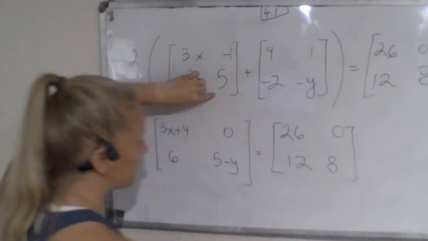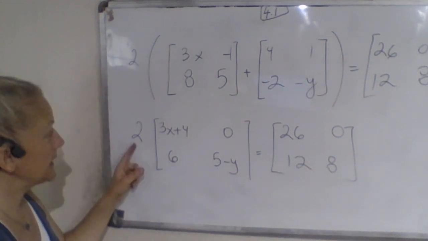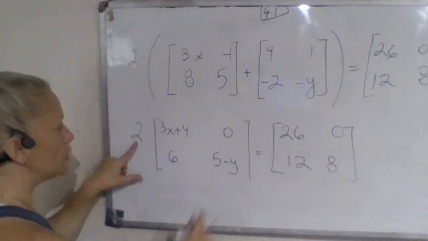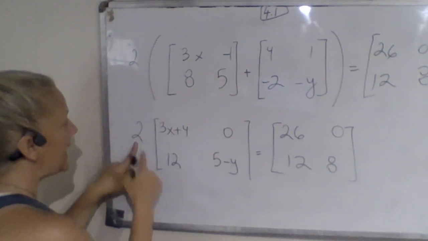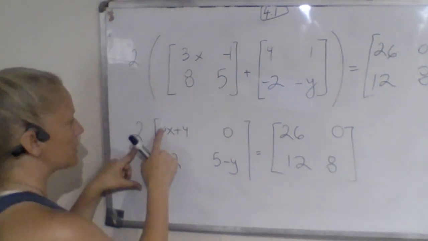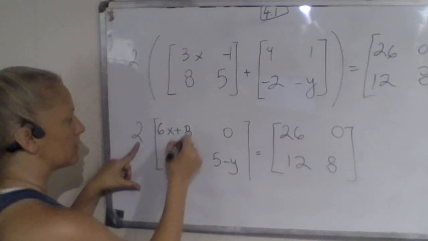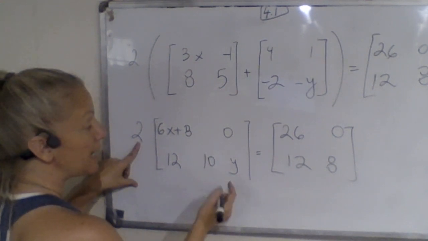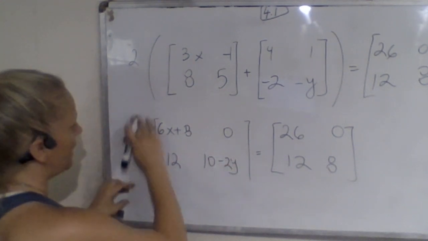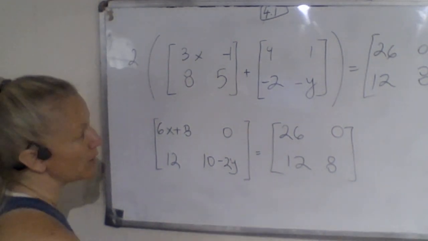I don't have enough space, so you're going to have to work with me as I multiply this scalar over. 2 times 0, 0. 2 times 6 becomes 12. I have to distribute. 2 times 3x becomes 6x. 2 times 4 becomes 8. 2 times 5 is 10. 2 times negative y, negative 2y. And now we have to solve for x and y, which is really easy.